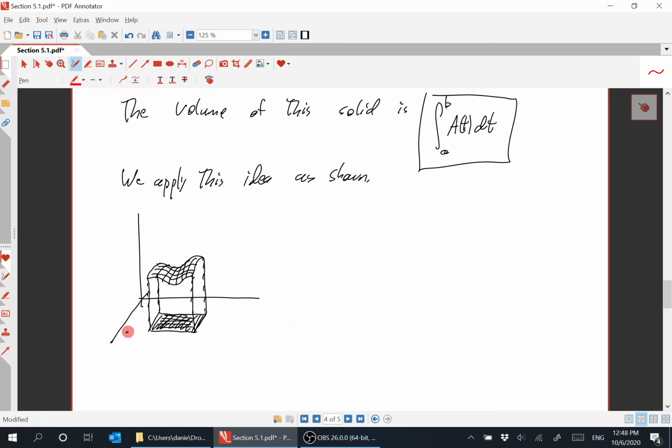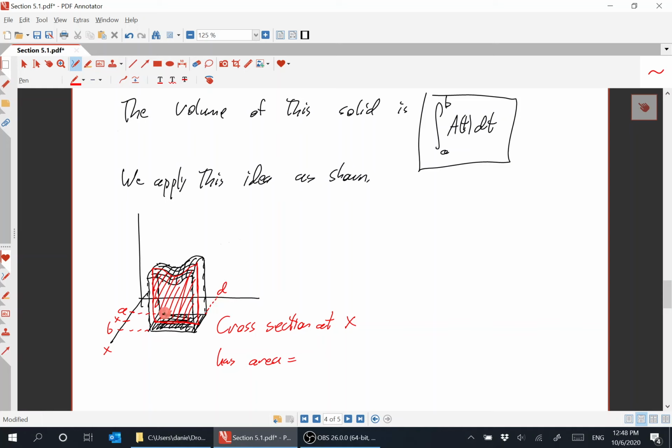Here on the x-axis, we're going from a to b. And then at a given value of x, you've got this cross-section here. So for a fixed value of x, the cross-section at x has area equal to, well, what is it?